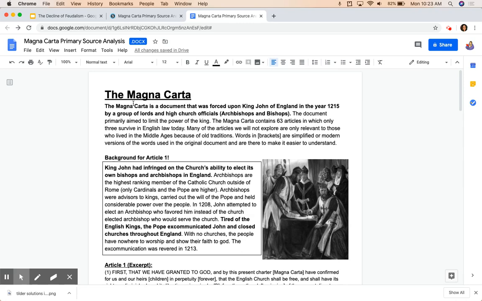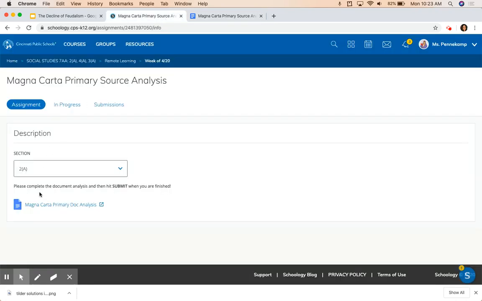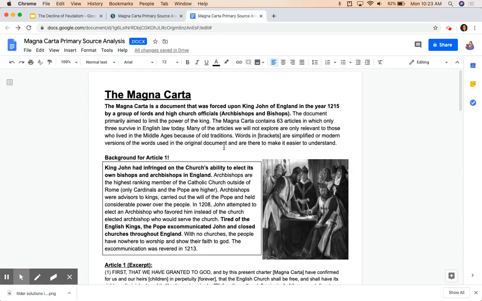And then please make sure that you remember to submit it to me on Schoology so that I get notified, and then I am able to grade you on your assignment as well. I will go over what I would like to see from this document in a little bit at the end of our video after I've gone through the content with you guys first.